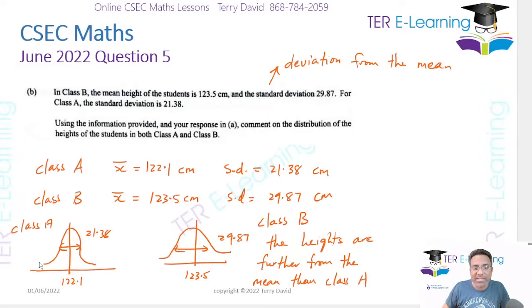In the case of class A now, you have a smaller standard deviation, so your data is closer to the mean. So any statement along those lines, that's what they're looking for here. That's what it is.